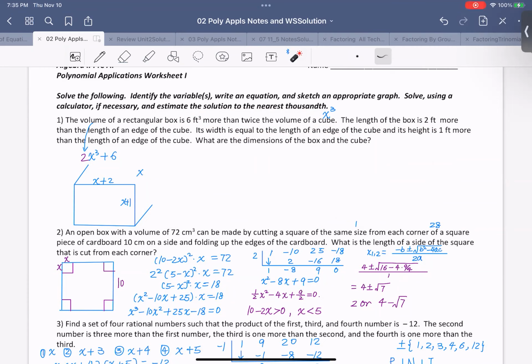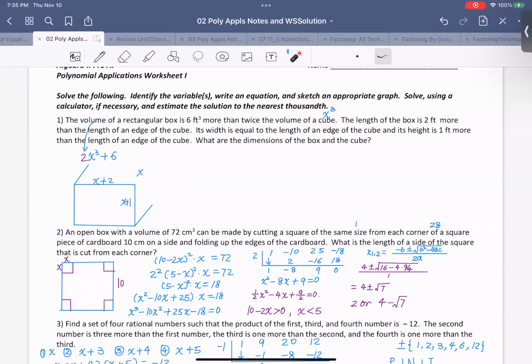Yeah, when we reach this part, many students feel headache. We will do it step by step. Every time you read a sentence, you want to translate this into an equation. They give you two 3D geometry shapes. One is a rectangular box. The other is a cube.